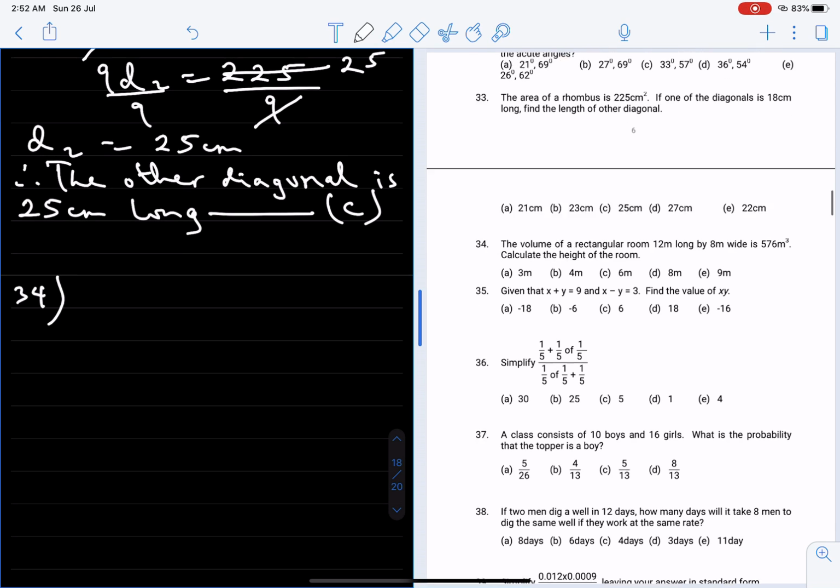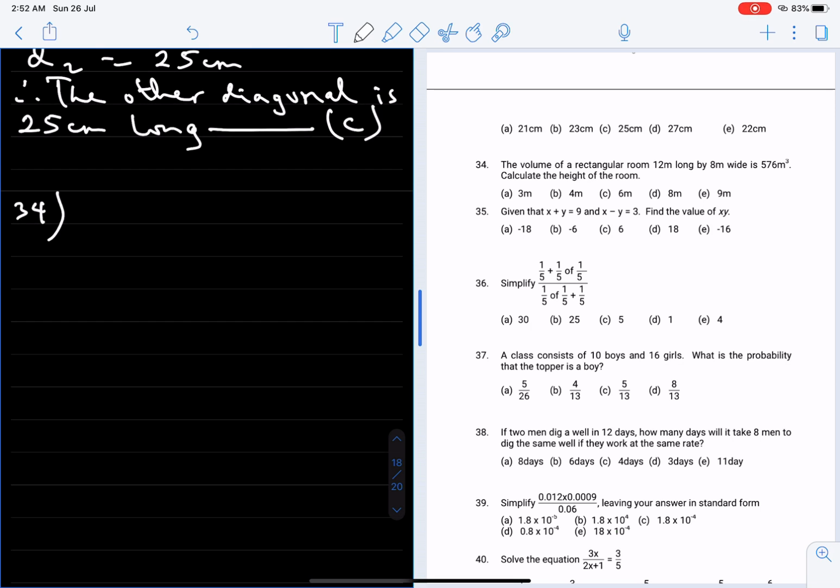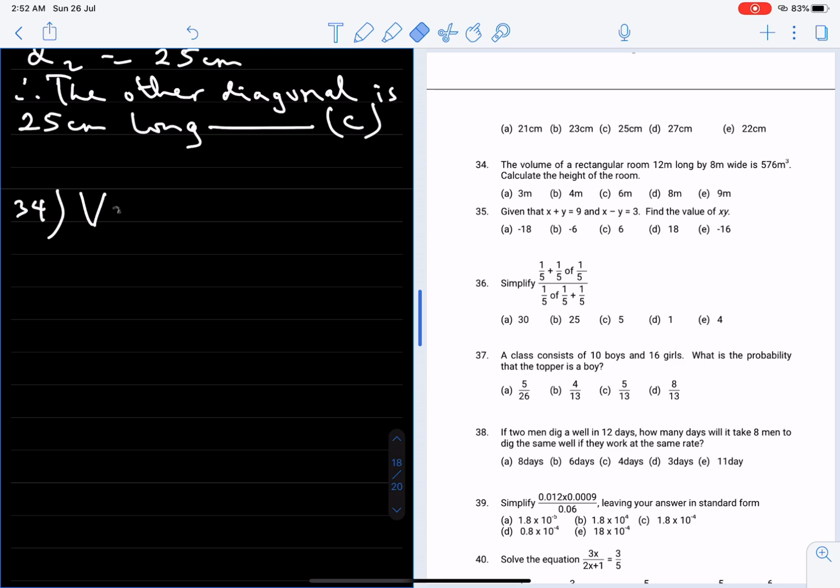Number 34. The volume of a rectangular room, 12 meters long by 8 meters wide, is 576 meter cubed. Calculate the height of the room. Of course, volume is length times breadth times height.